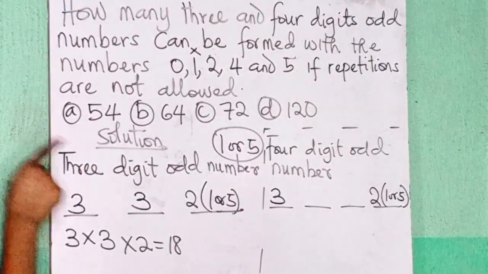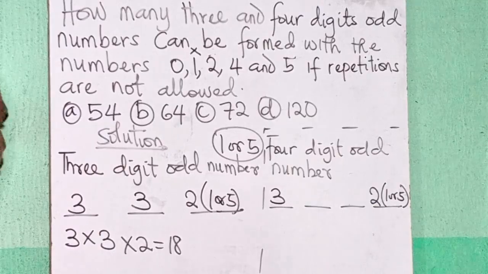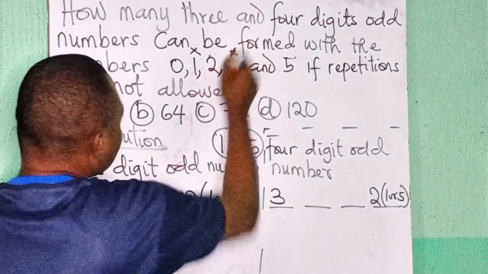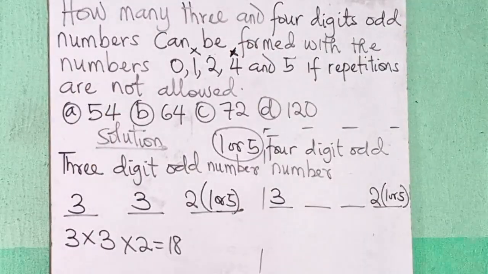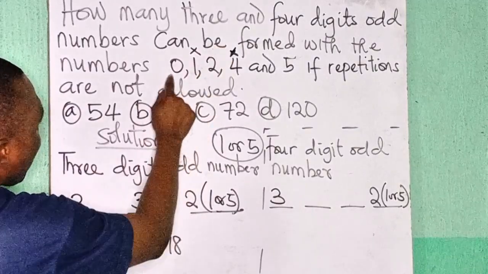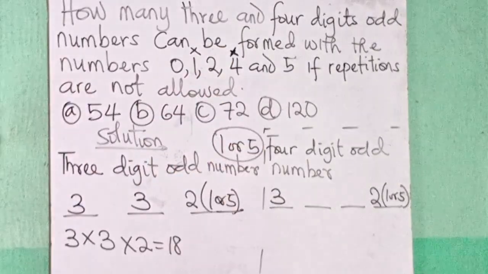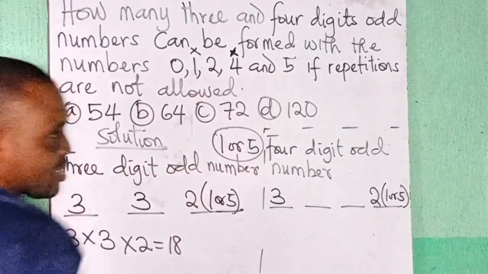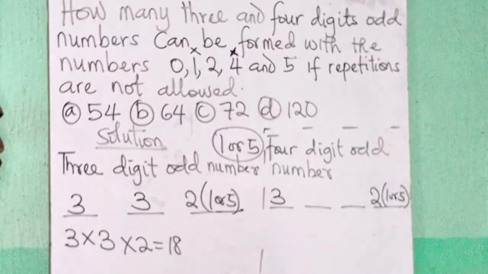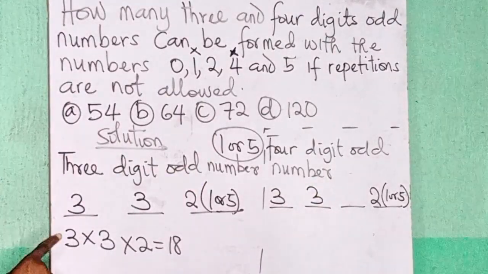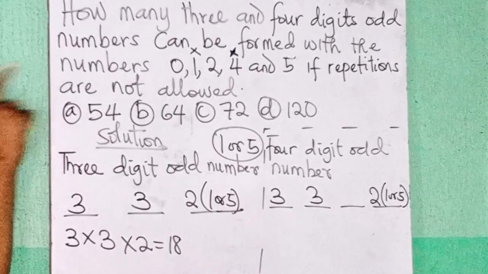Now, what about the second digit and the third digit? Let's assume that I fill the second digit with 4. How many choices now do I have? 1, 2, 3. It means I can fill the second digit with this, or this. That is 3 choices.